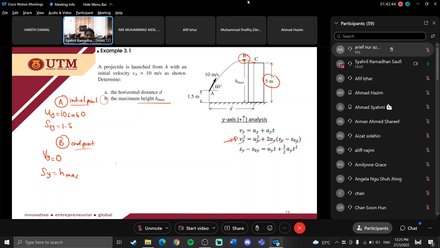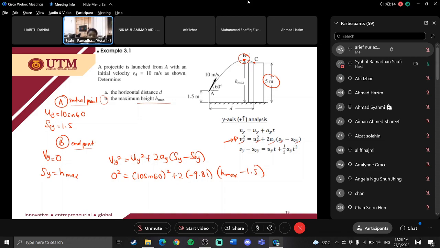All right, so we just substitute into this equation number 2. Vy squared equals Uy squared plus 2Ay times Sy minus S naught Y. So Vy squared is 0. Uy squared is 10 sine 60 squared, plus 2 times Ay, which is negative 9.81, times Sy, which is Hmax, minus S naught Y, 1.5.